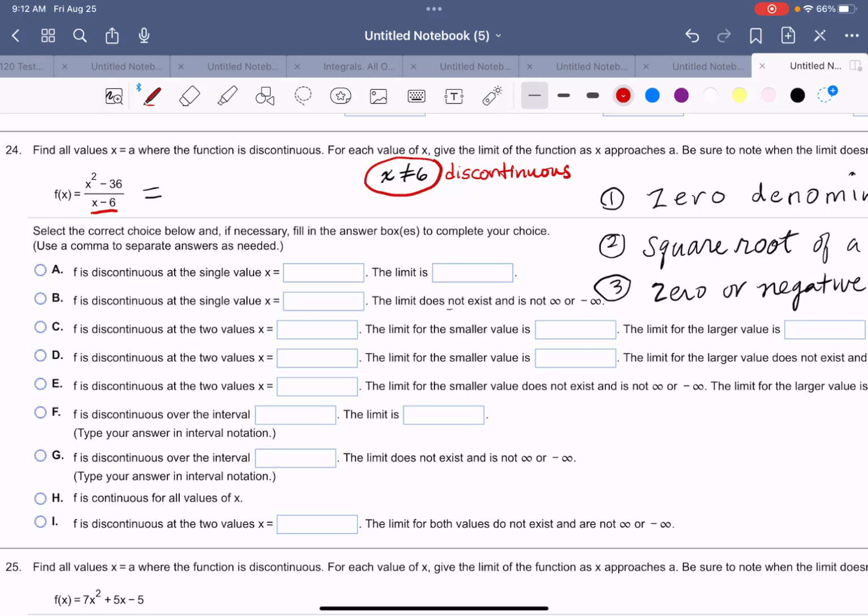And then to further deal with this, what we want to do is factor it. This will help us actually find the limit. And this is the difference of squares.